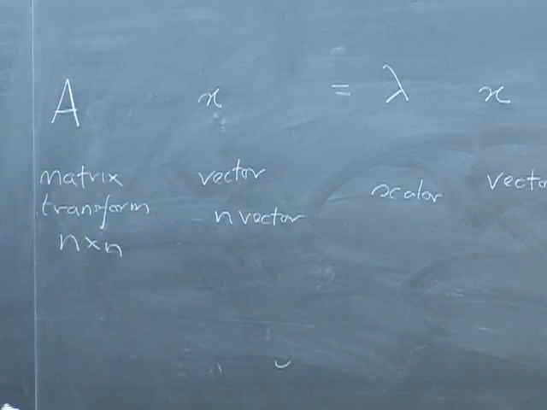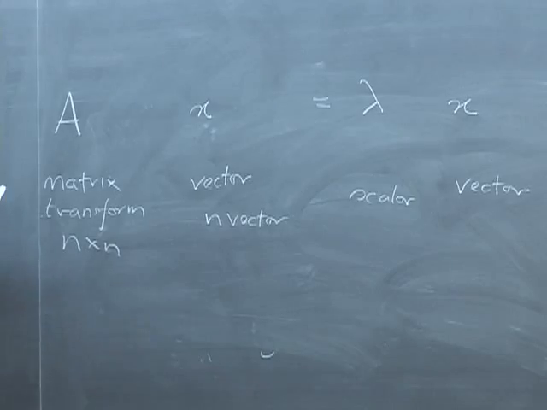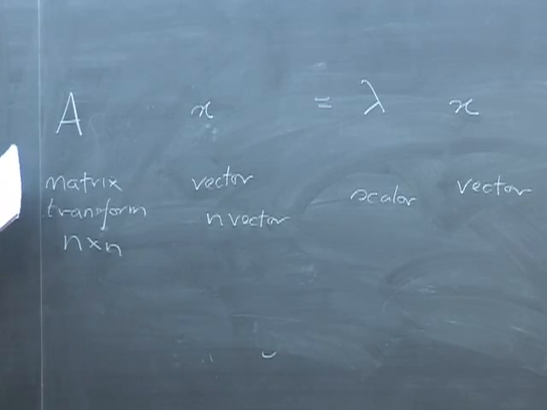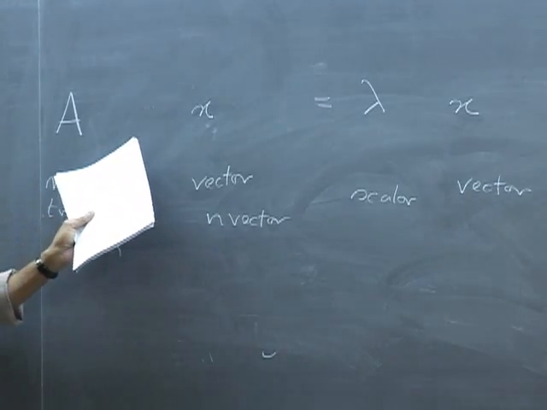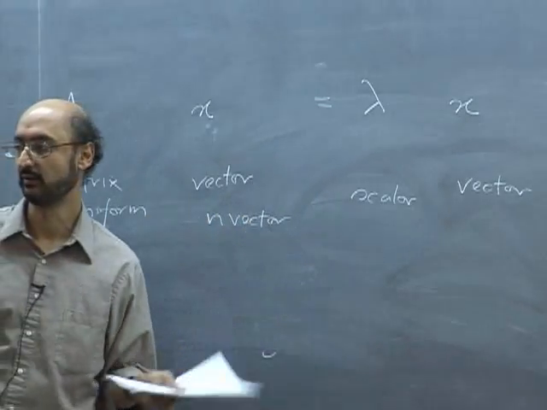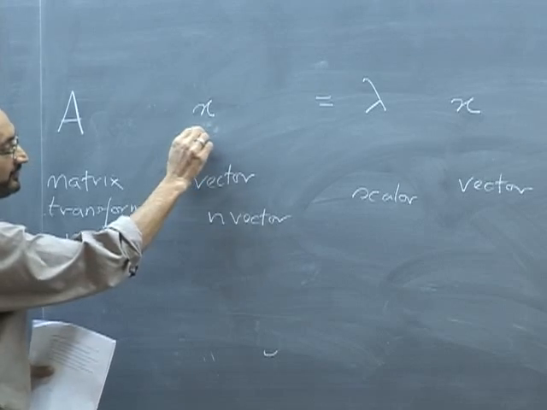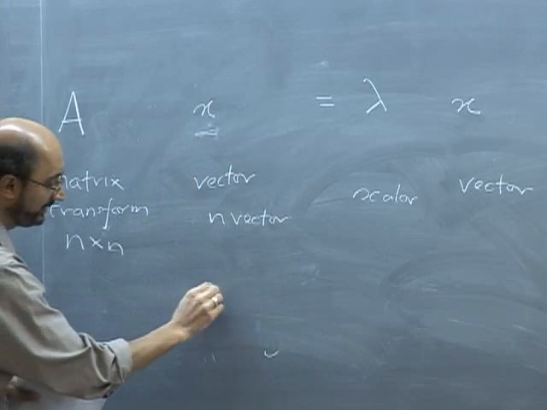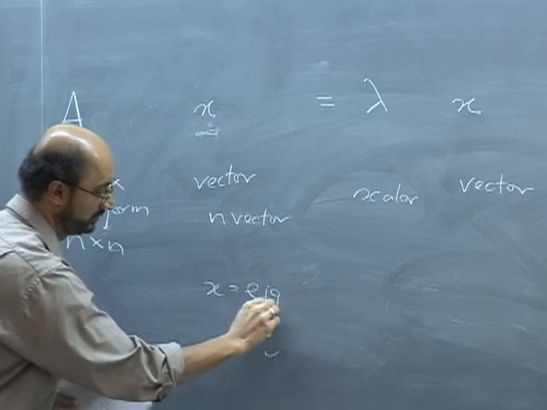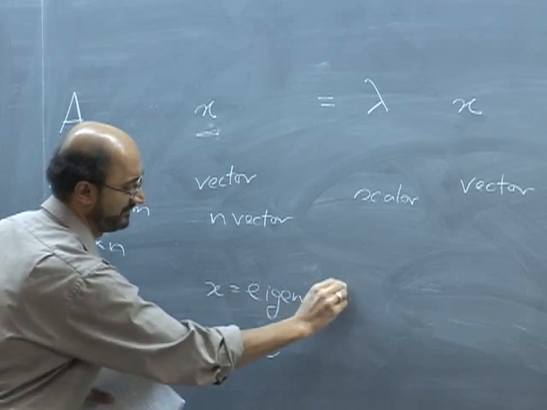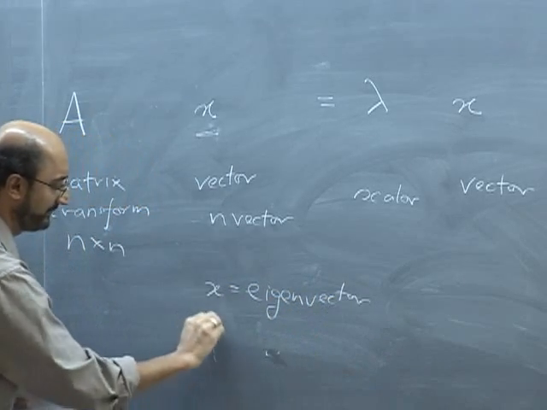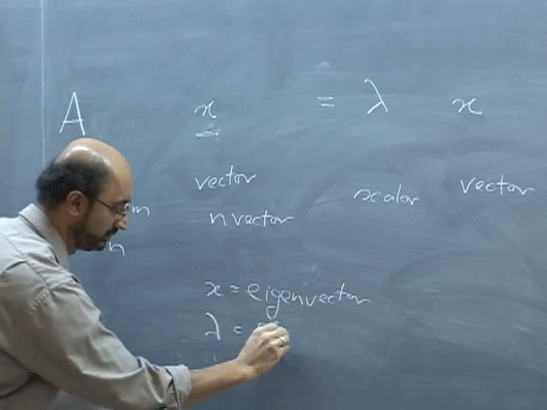So what we're saying is this complicated operation of a matrix applying on a vector can be replaced by just a scalar multiple. That's what we saw earlier. And for those vectors x, we call x the eigenvector, and lambda is the eigenvalue.